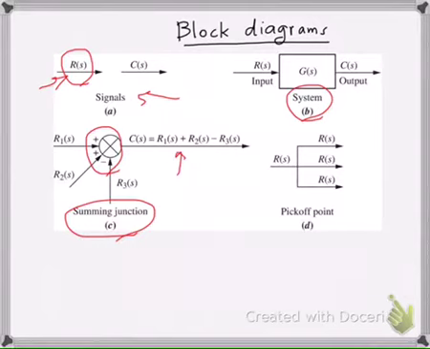The sign entering this summing junction for R1 is positive, for R2 is positive, for R3 is negative. Therefore, the output C of S is going to be R1 plus R2 minus R3. Then we have a pickoff point, which is also a junction from which you have multiple points departing.